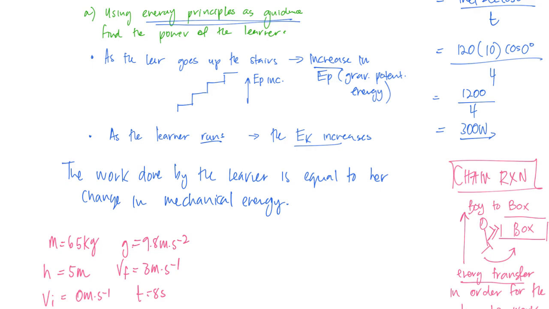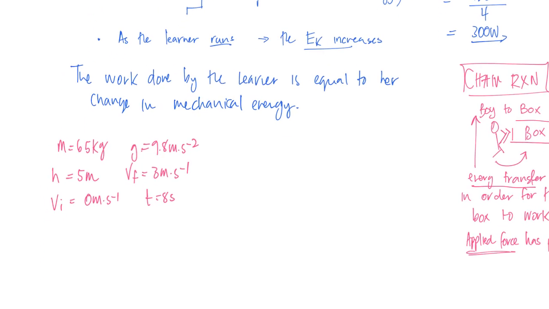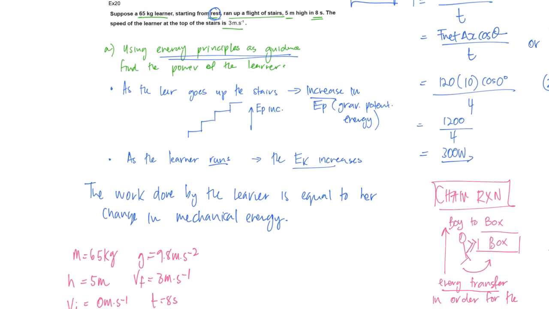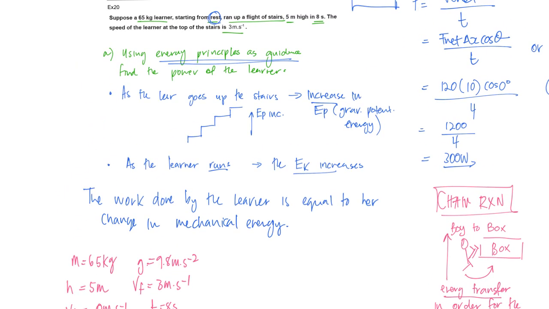Now in this, if I need to use energy principles, then I have to use work non-conservative. Work non-conservative is equal to the change in the potential energy plus the change in kinetic energy. And they want you to find the power of the learner.